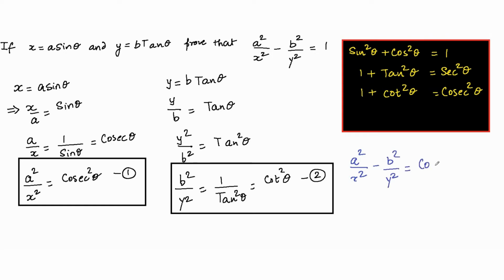That's because we have subtracted the two left hand sides and therefore the right hand sides also undergo subtraction. And we know by trigonometric identities that cosec square theta minus cot square theta is equal to 1. And therefore, we have proved the required relation.